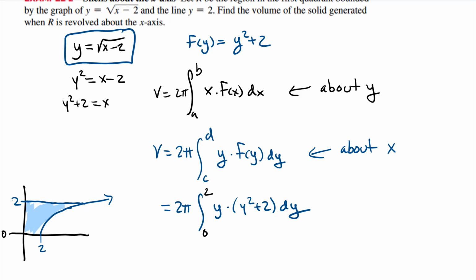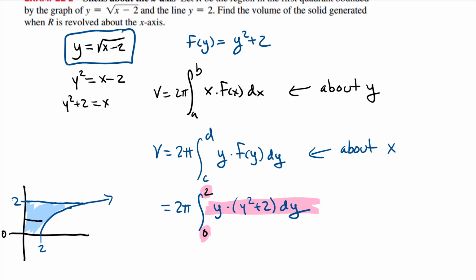Because if we're going about the x-axis and everything is in terms of y, you got y's written there? Your bounds better be y's, not x's. Just in the picture, I can't help myself. It doesn't go that way. How we're used to it going that way would be in terms of x.